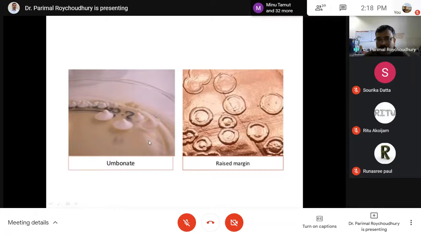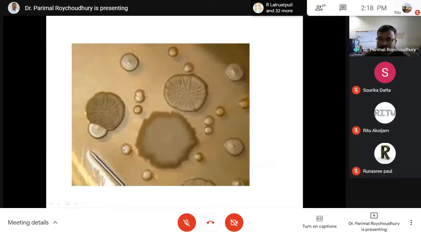If you know that your bacteria produce an umbonate type colony, then in a mixed population we will try to pick up this particular colony, which we can correlate with our target organism. Suppose you want to isolate, this is a flat, very large, rough type colony. In comparison, these are smooth colonies which are shining.